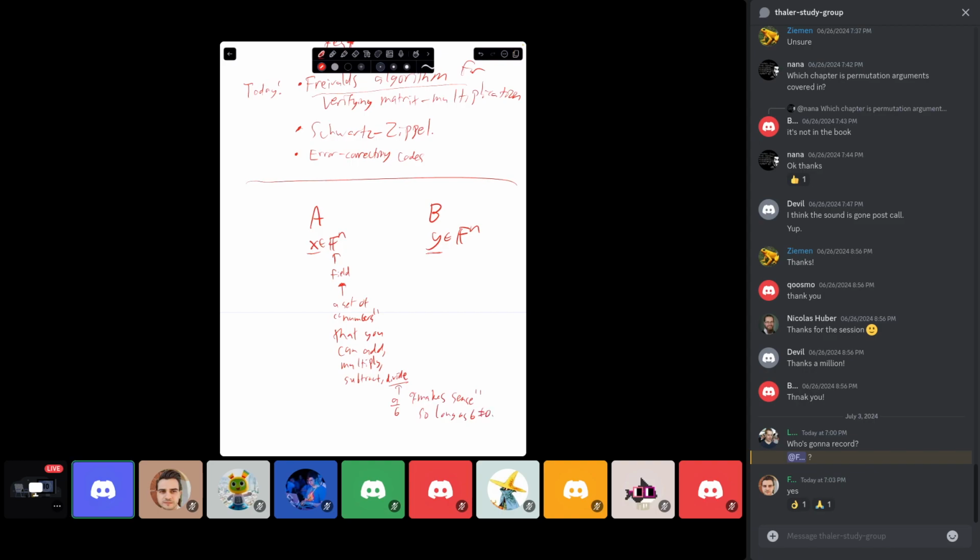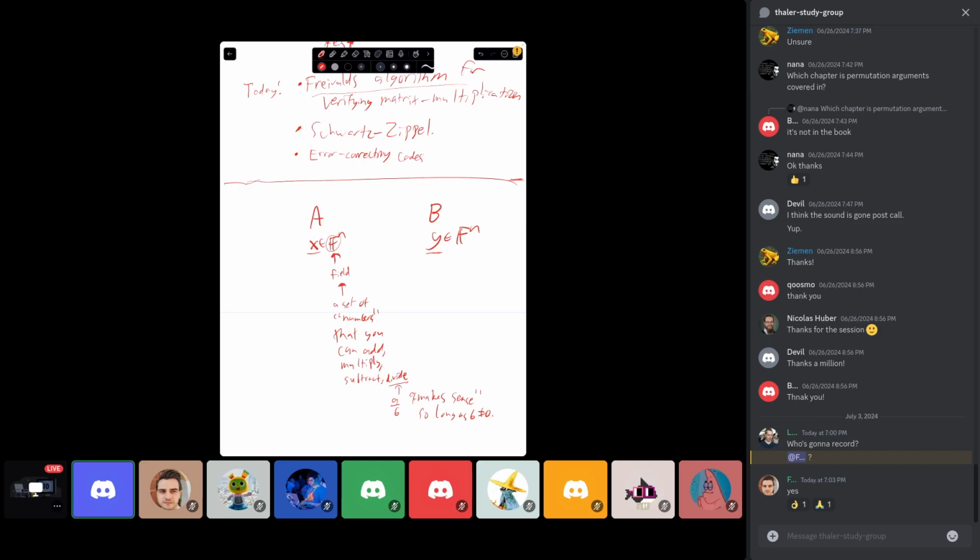So if you've never seen fields before, for now, feel free to just think of the real numbers or the rational numbers. And SNARKs will use finite fields. The reals and the rationals are infinite size fields. But basically, a field just captures things that you can add, subtract, multiply, and divide.